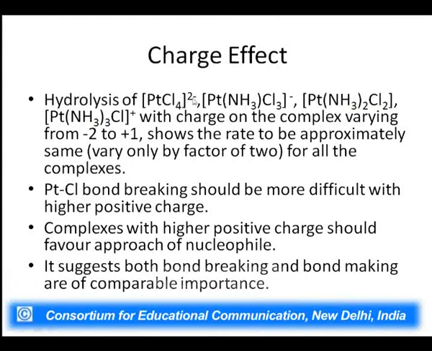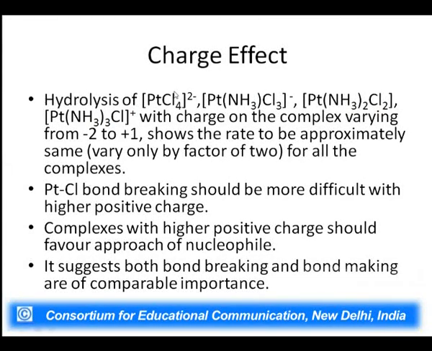So, when we take the hydrolysis of all these 4 complexes, it can be appreciated that this has minus 2 charge, this complex has minus 1 charge, this is 0 charge, and this is plus 1. So, charge varies from minus 2, minus 1, 0 to plus 1, but the rate of hydrolysis of all these 4 complexes does not vary much. The variation is only by a factor of 2.